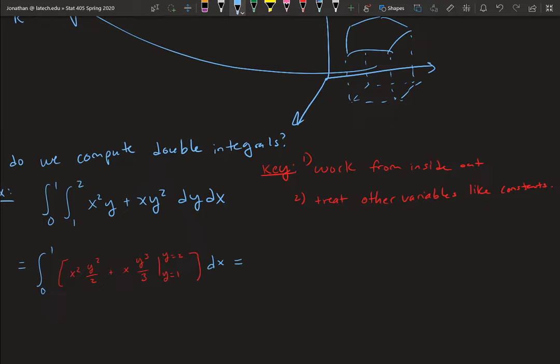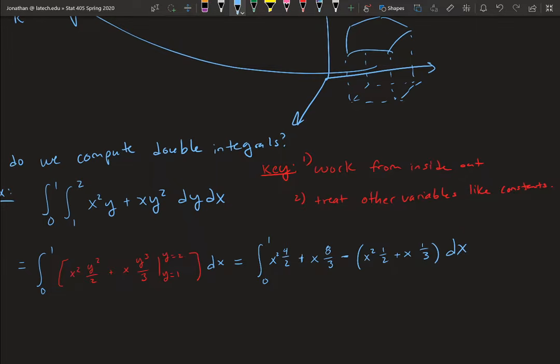And now we plug in the bounds for y, so it's going to be the integral from 0 to 1 of x squared times 4 over 2 minus x times 8 over 3, minus, in parentheses, x squared times 1 over 2 plus x times 1 over 3, dx.